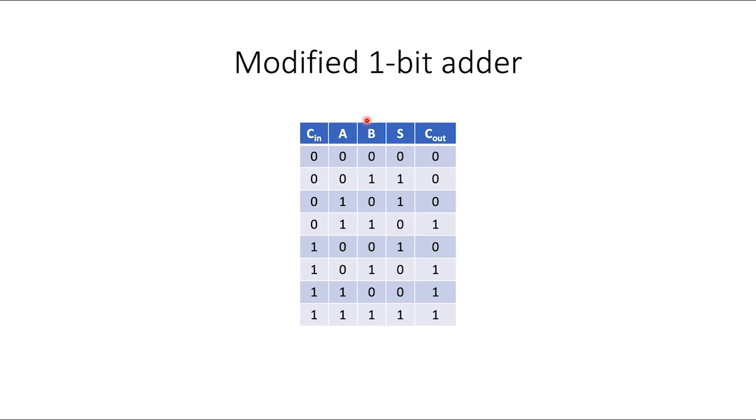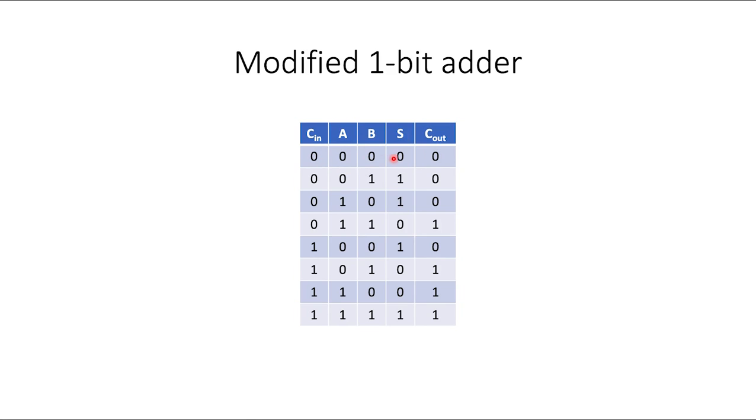And we have our two inputs for this place. And then we get a sum, and we get an output carry bit. So really what we're doing here is we're taking C in, and then we're adding it to A, and then we're adding that to B. And then we get a sum, and we get a carry.